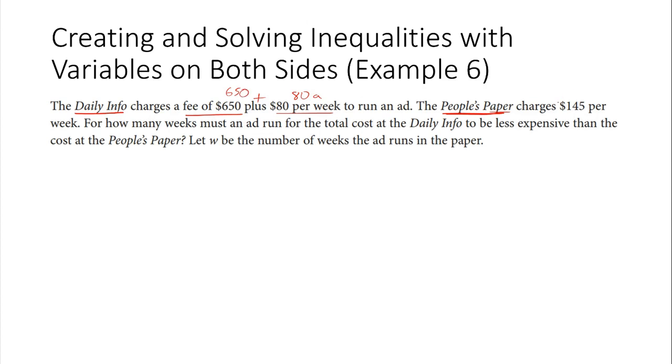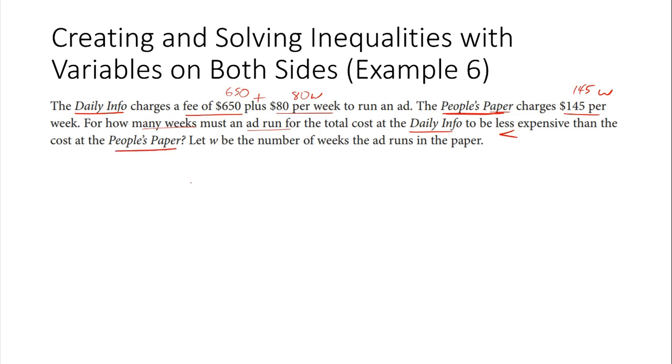And the People's charges $145 per week. Oh, I guess we're going by weeks then, so not ads. So I guess our variable won't be A, it will be W for weeks. Now the real question is, how many weeks must an ad run for the total cost of Daily Info to be less expensive than the People's Paper?